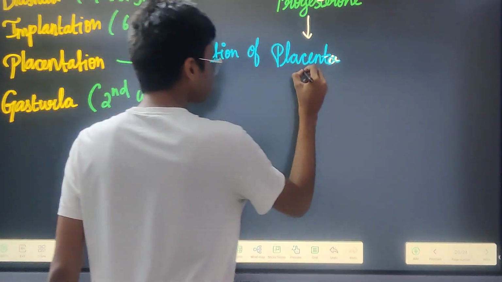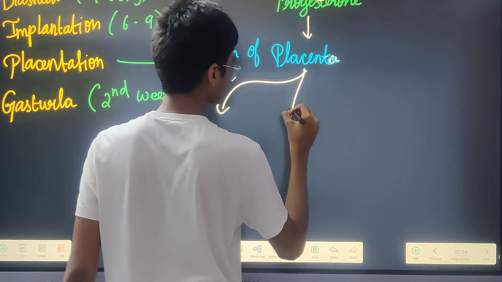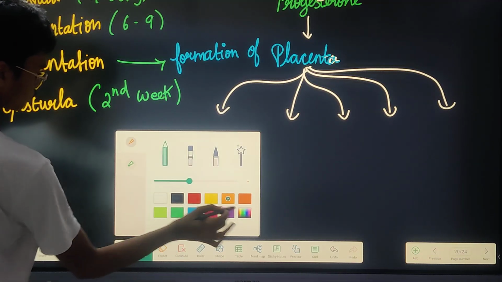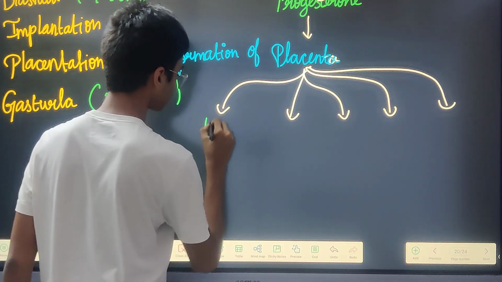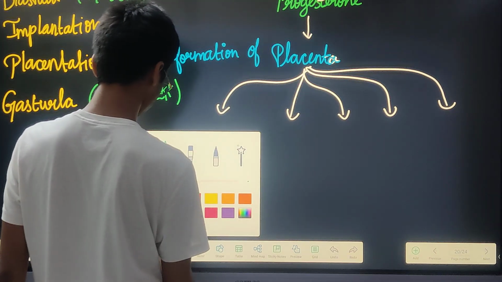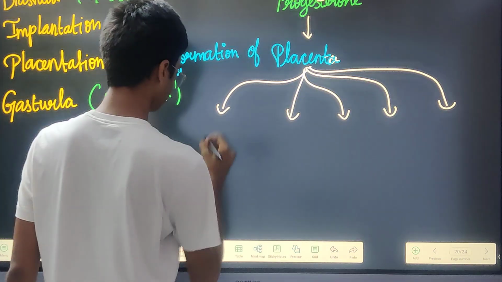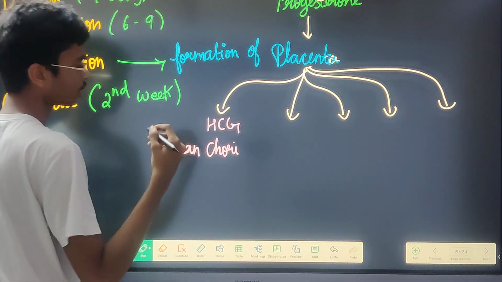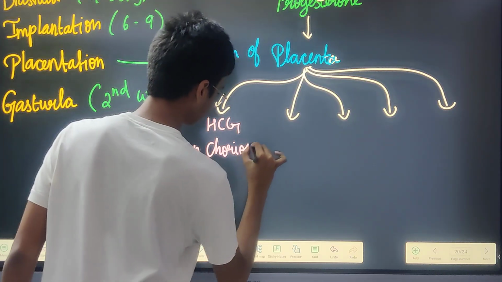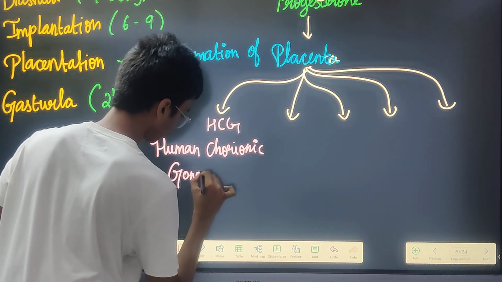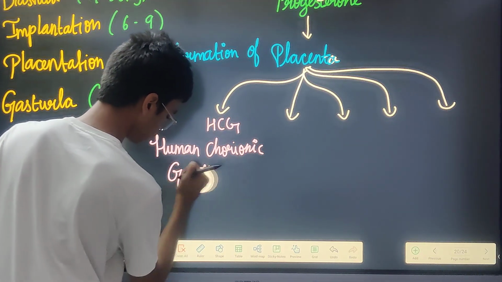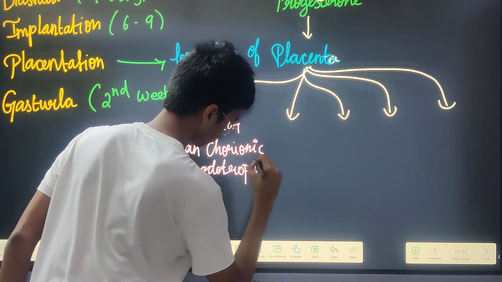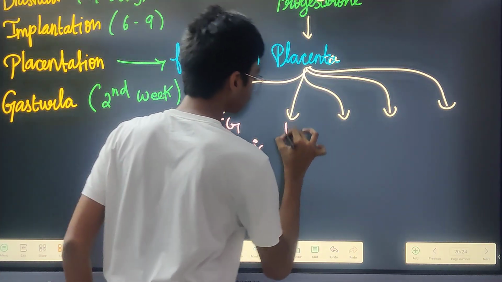This placenta will also be forming some other important vital hormones, such as, first of all, HCG, which is human chorionic gonadotropin hormone. The next is human placental lactogen.